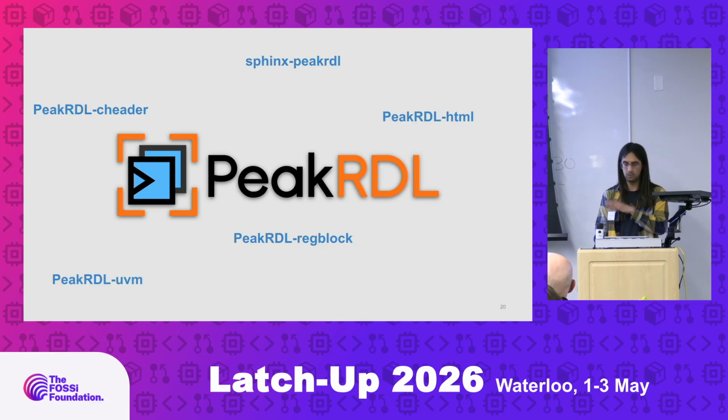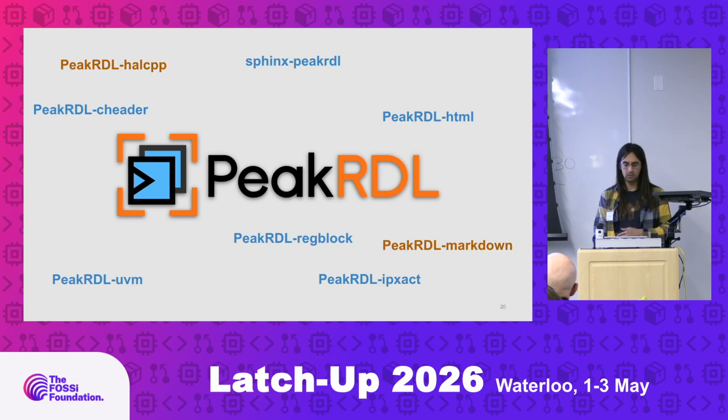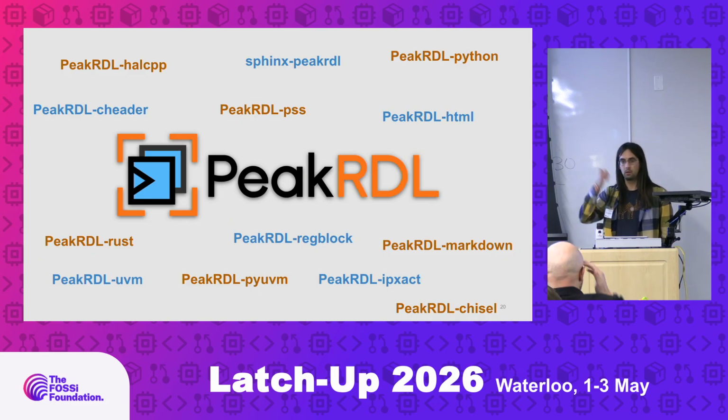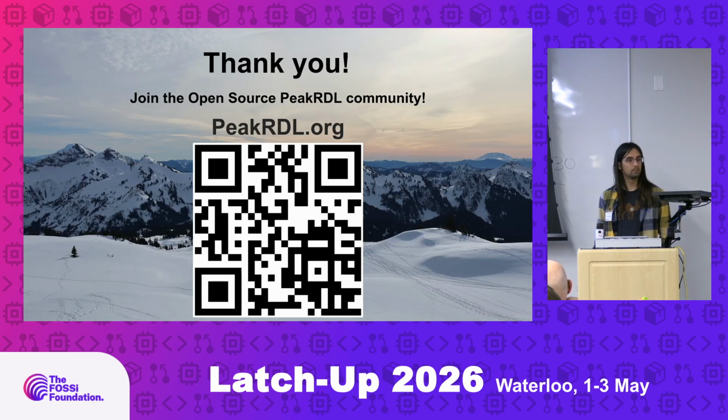UVM for testing. IPXACT if you need to interchange with IP vendors. And then there's a bunch of third-party extensions that people in the community have put together. Some people here in the room have worked with these, and the list goes on. So if you want to get involved in PeakRDL, make a plugin, play around with it. It's loads of fun. Thank you.